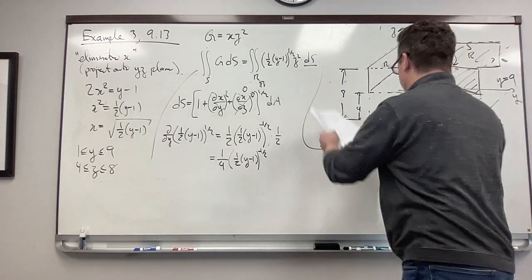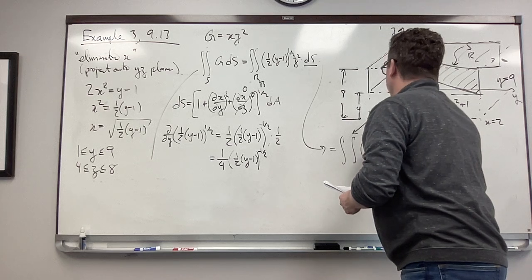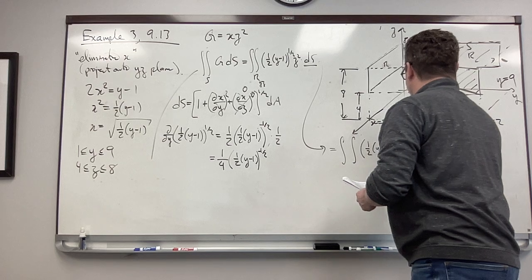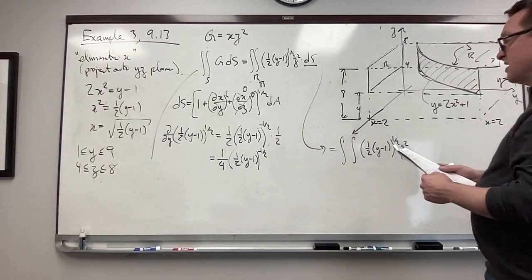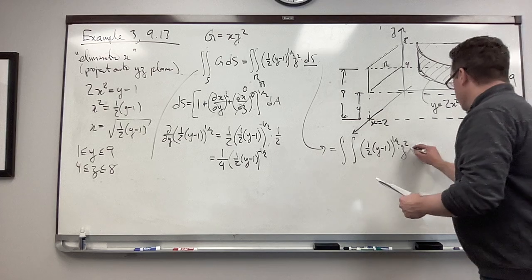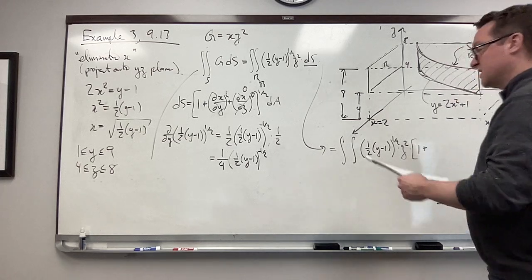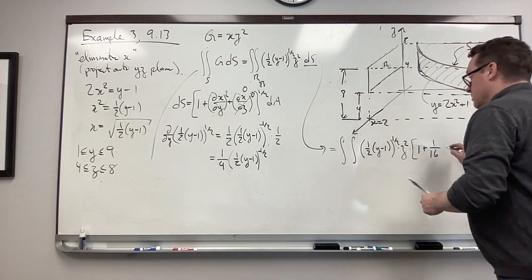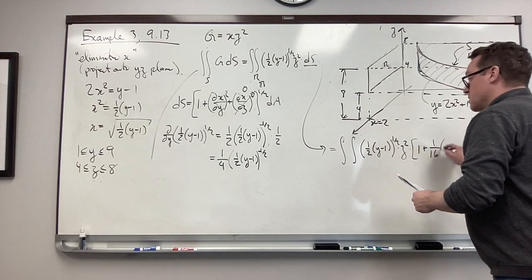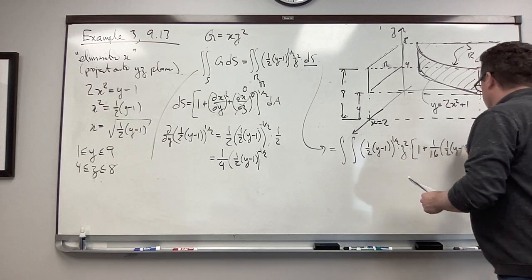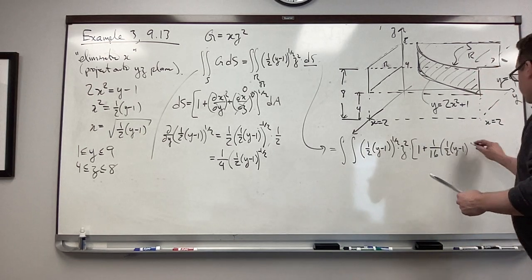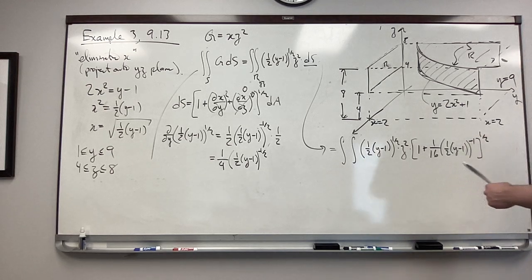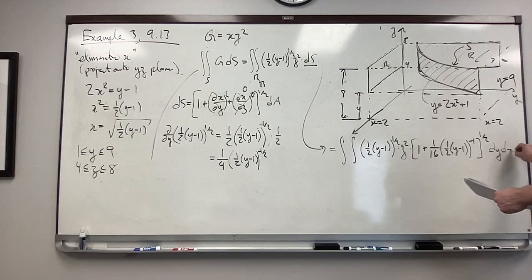I've got this initial thing, 1/2 y minus 1/2 to the 1/2 z squared times 1 plus that guy squared, all to the 1/2, dy dz.